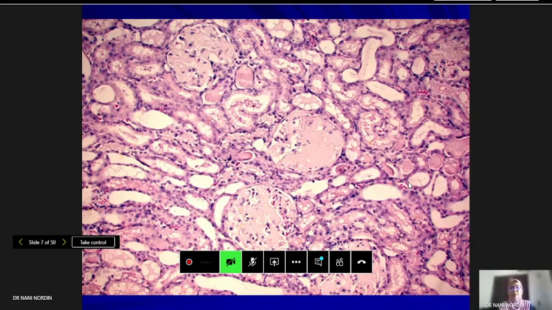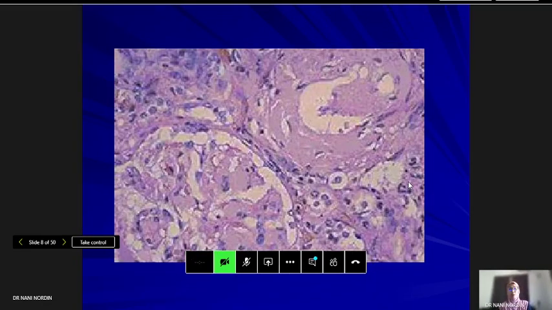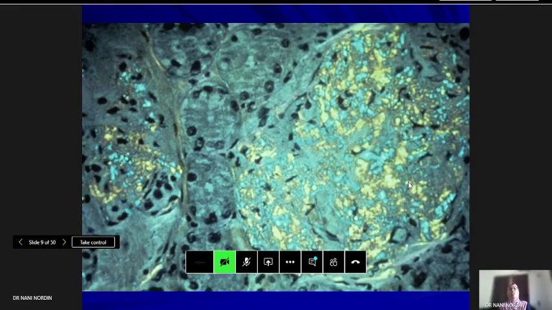Okay, so this is a higher magnification, also of a glomerulus. This is a view under the polarized microscope with Congo red stain. You can see the birefringent greenish color, the striking one. This is how we confirm amyloid.